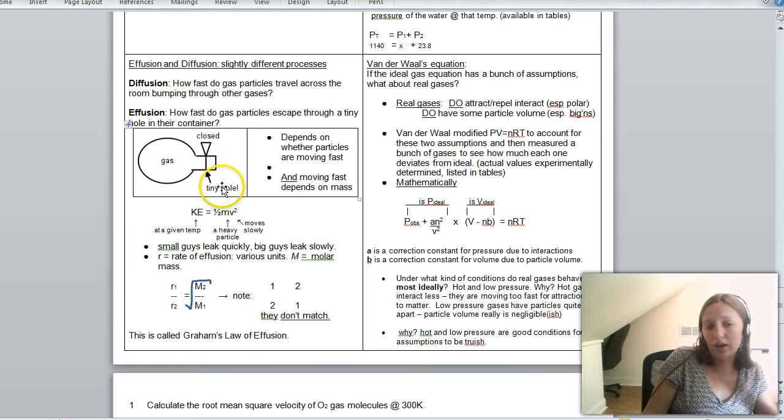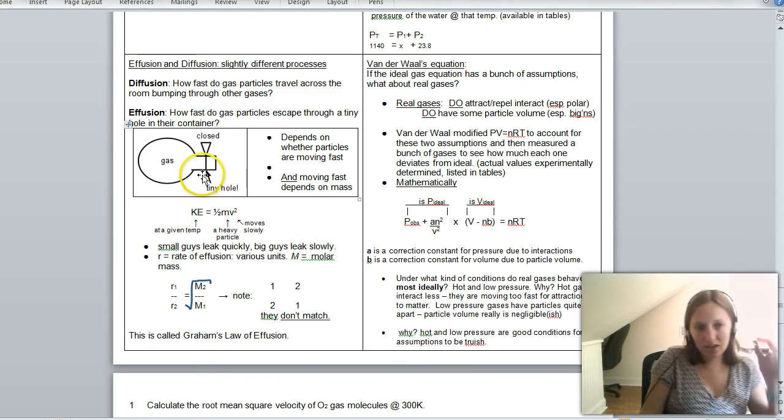And we have got a formula that describes how fast that happens, comparing two different gases. So, and this depends on whether the particles are moving fast. The more speed they have, the more frequently they hit that little spot by the tiny hole, and the more frequently they hit it just right so that they can escape.